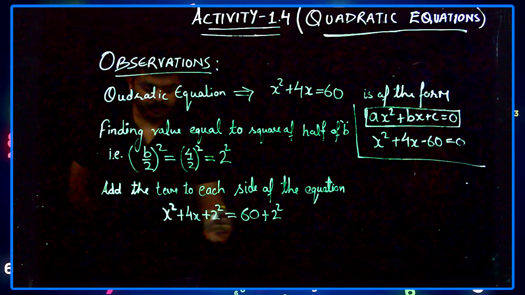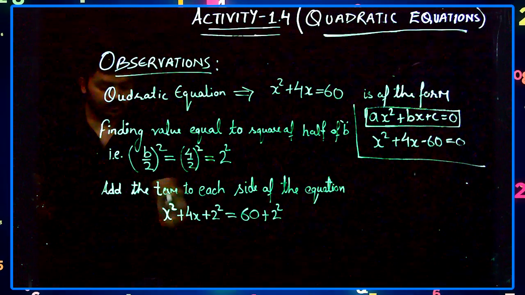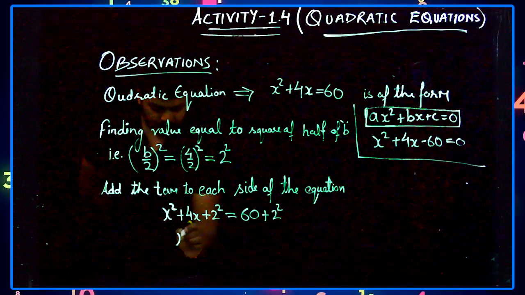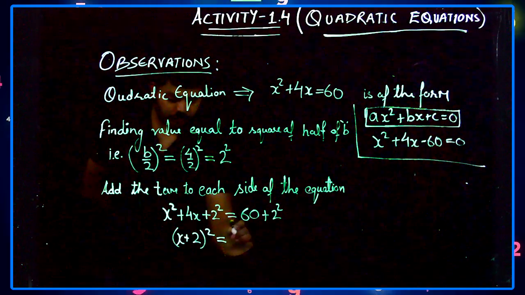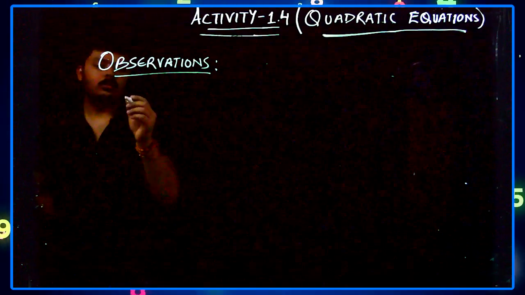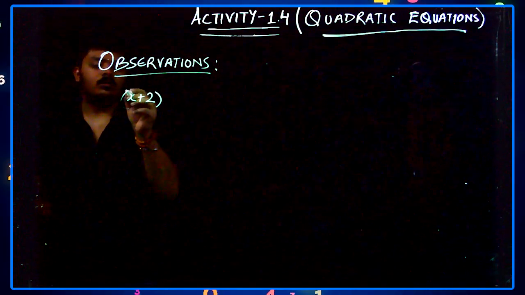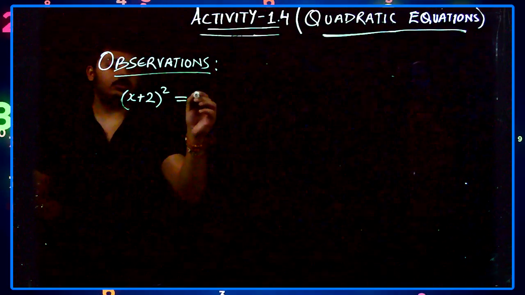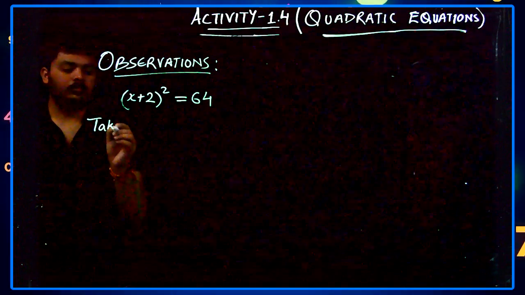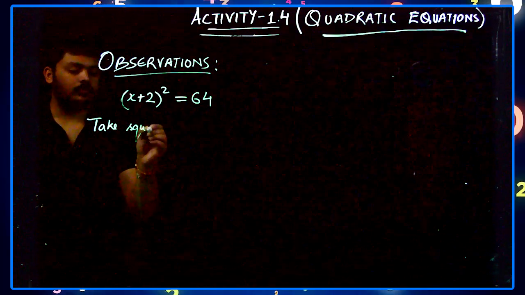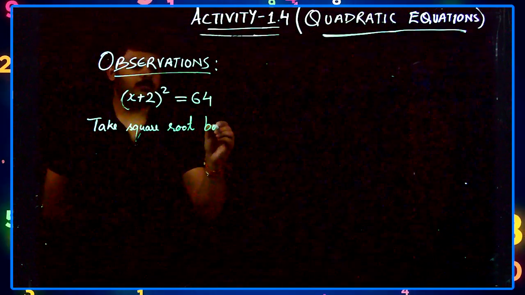So we get a perfect square. So this can also be written as, converting it into a perfect square, x plus 2 whole square equals to 64. Now take square root on both sides.